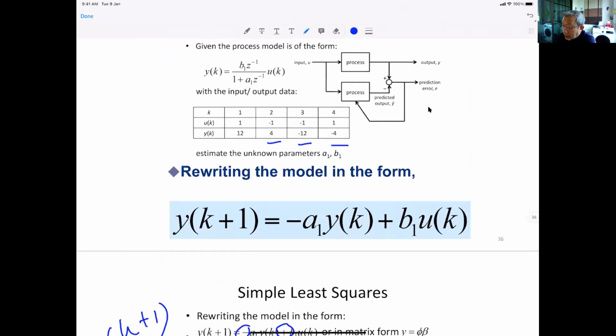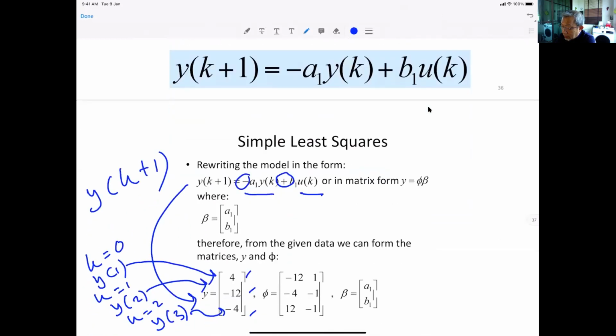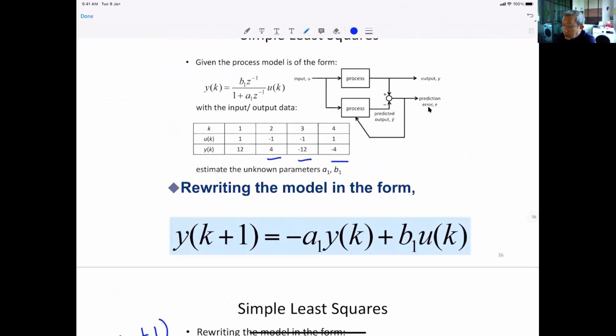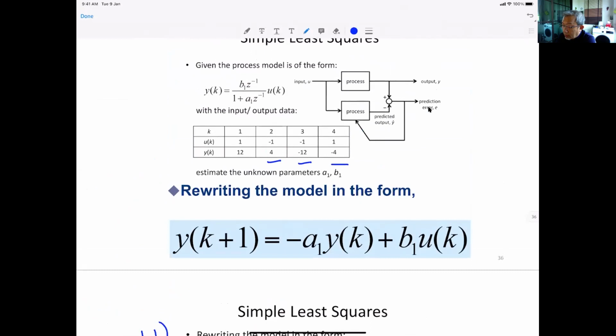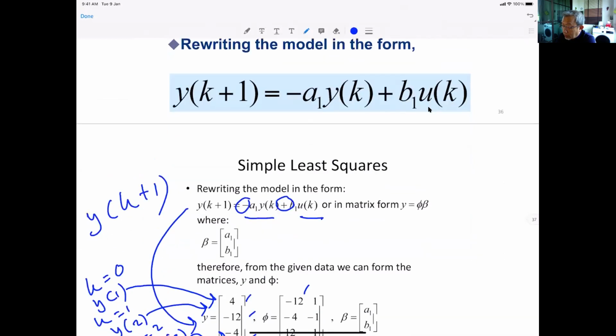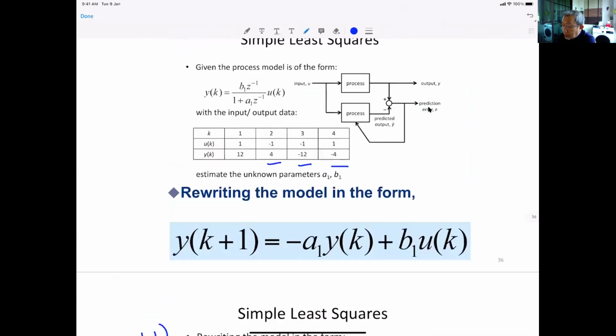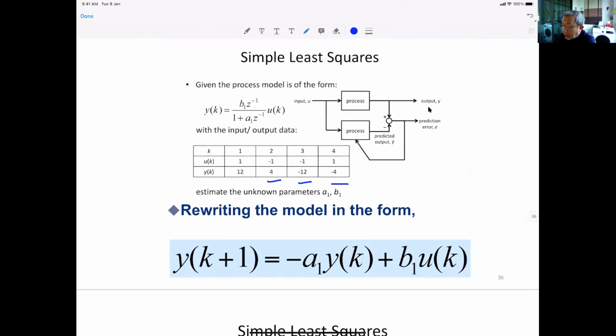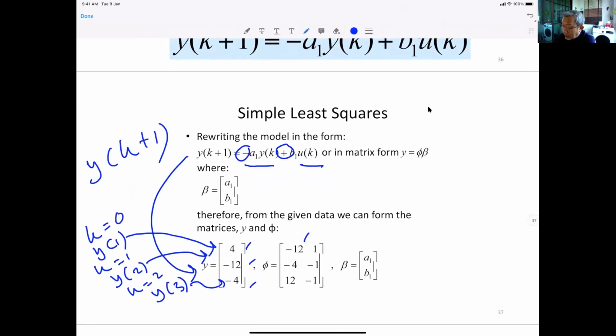Okay, so this one, y1: minus 12 minus positive 12, minus 12, which is here, minus positive 4, minus 4, and minus minus 12, positive 12.